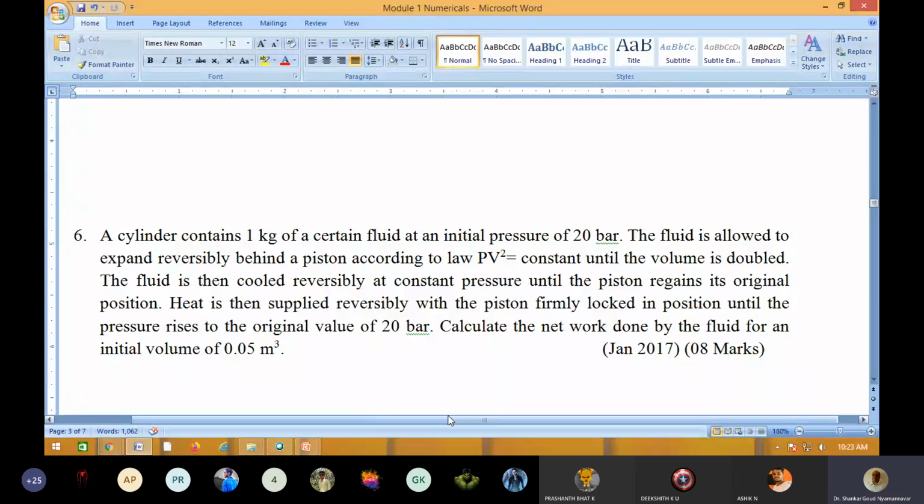Then heat is supplied reversibly with the piston firmly locked in position. The piston is not moving now, it is constrained. The piston is not allowed to move. Heat is supplied, right? So if we heat with the piston held, what will happen? Piston is constrained means the piston is not moving. Piston not moving means volume is constant. Okay? At constant volume, if we increase the temperature, what will happen?